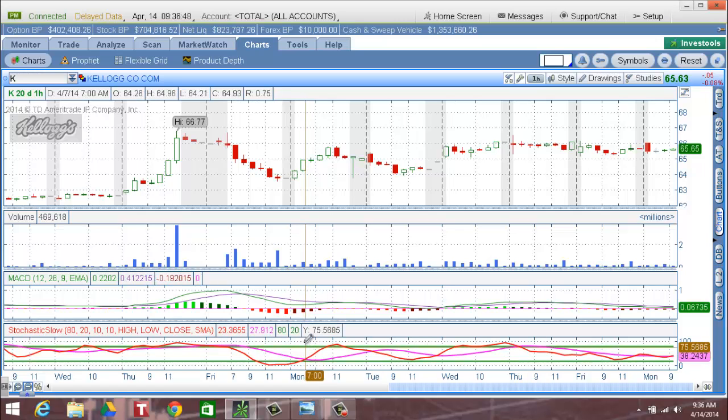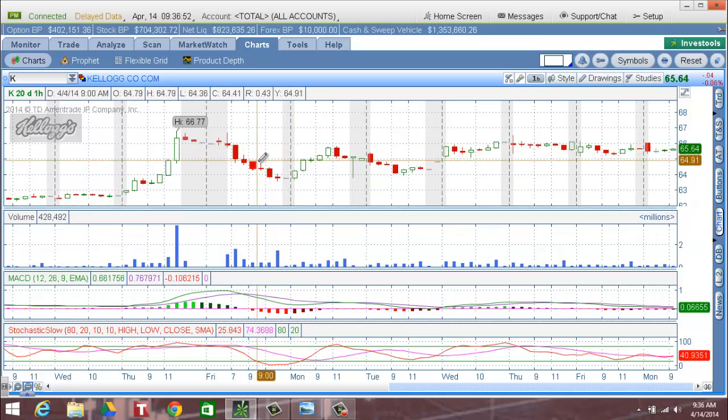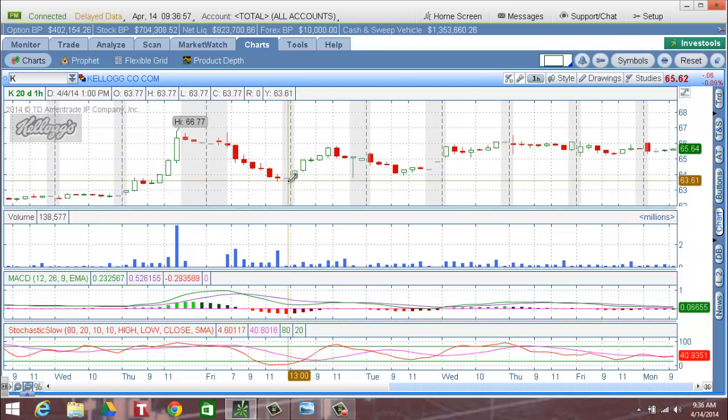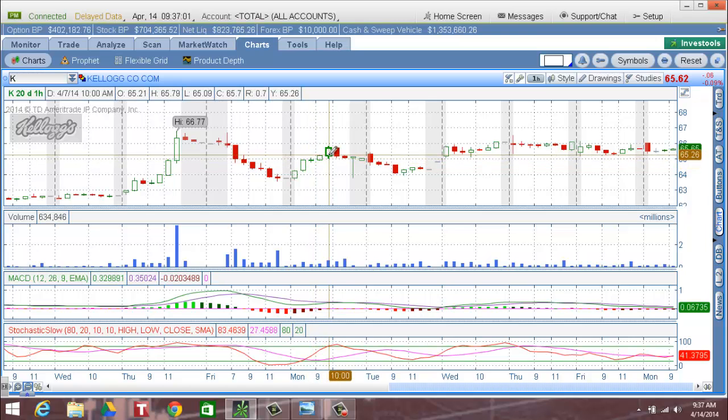And if you look up here at your chart, the stock was initially going downward, but after it crossed here, it started going upward briefly. And you will notice that in your stochastics.